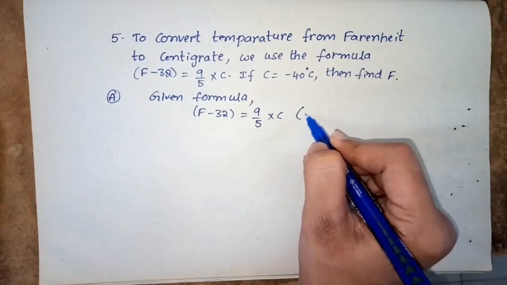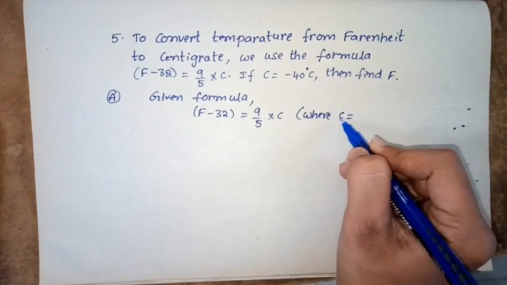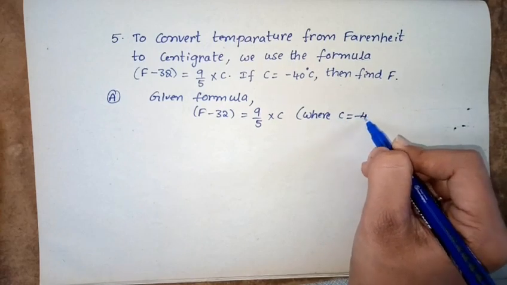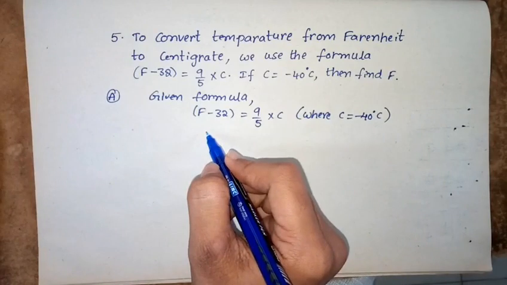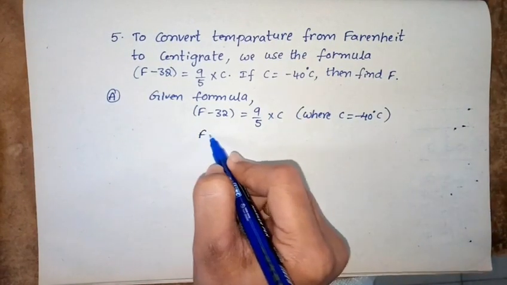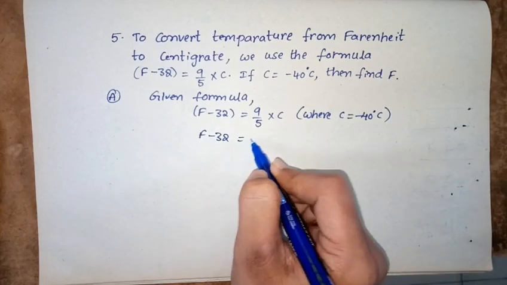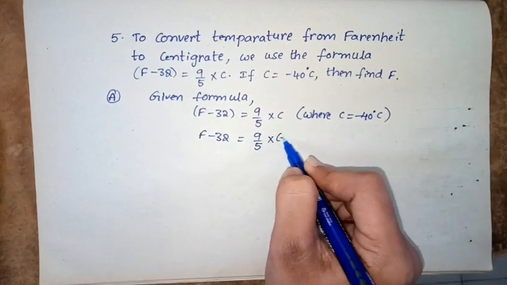So in the problem given, C is equal to minus 40 degrees centigrade. Now substitute C equal to minus 40 degrees here. F minus 32 is equal to 9 by 5 into C, which is minus 40.